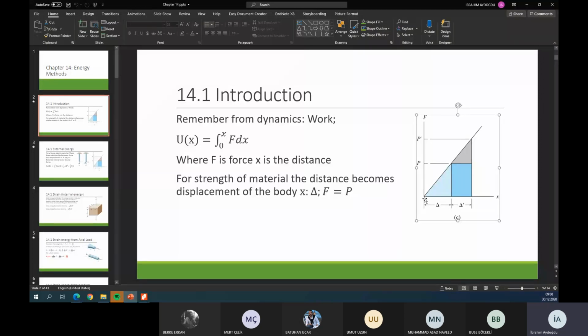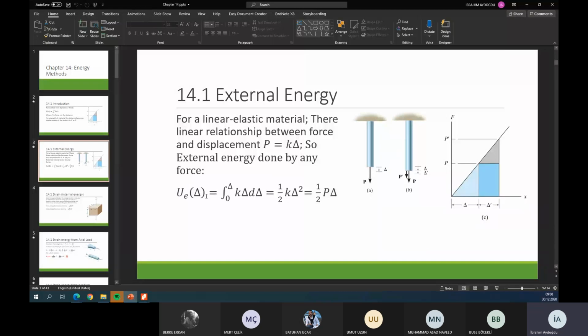So I can draw a linear curve like this. Maybe you can remember from mathematics, the integral means the area under the linear line. So this is a triangle. So if we compute the integral, in other words the internal energy or external energy, this is the force times displacement.